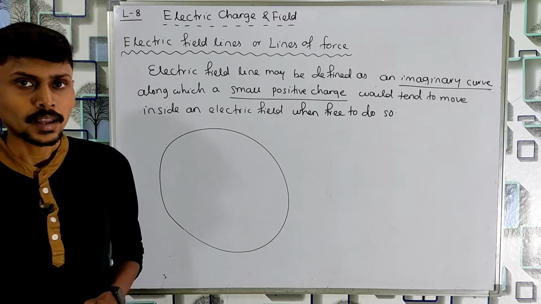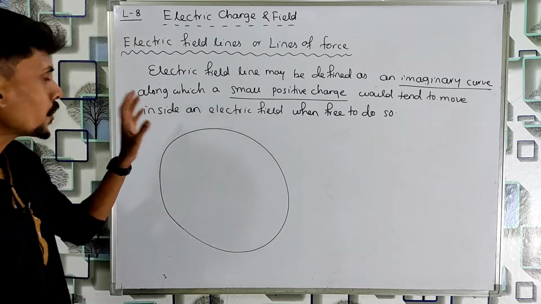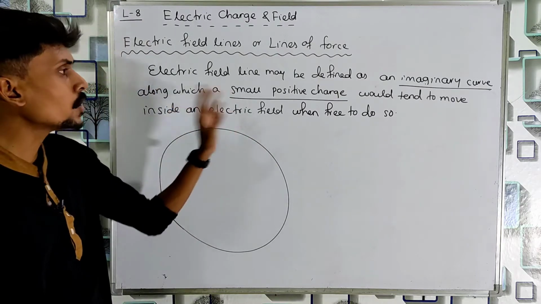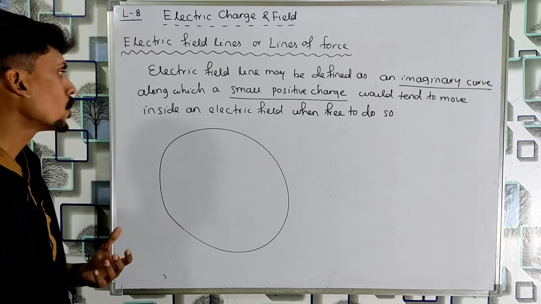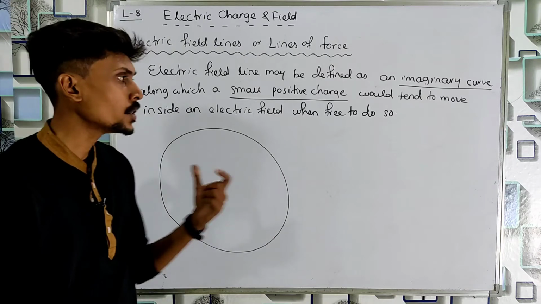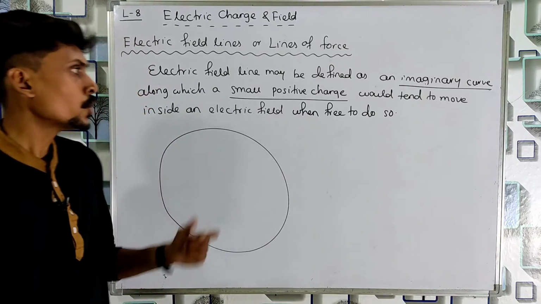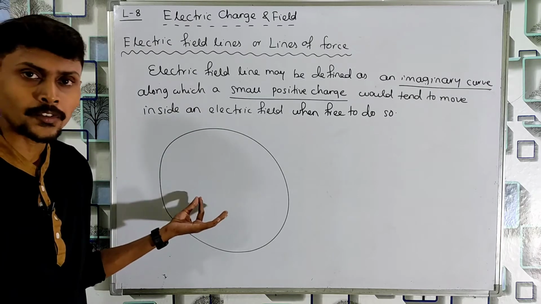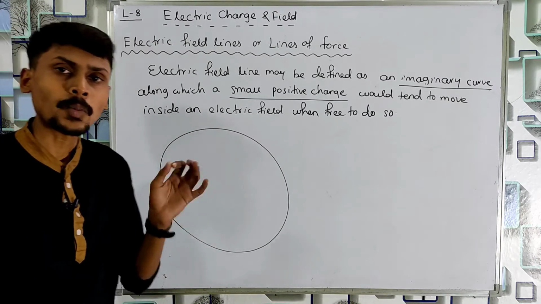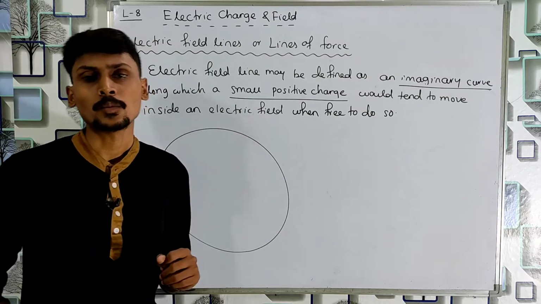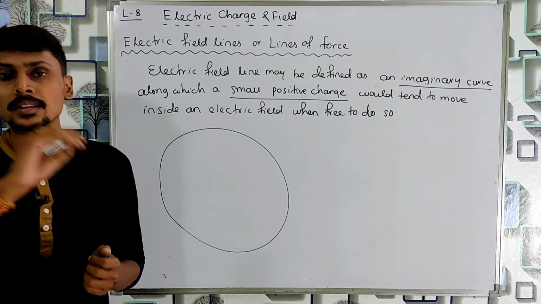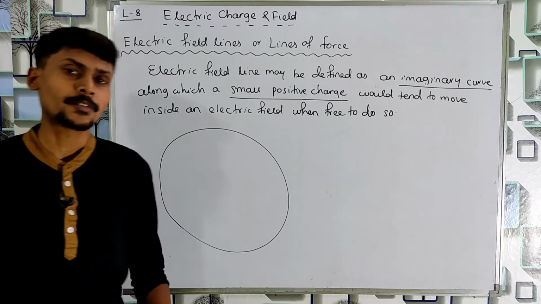Do you understand? Again I am repeating. Electric field line may be defined as an imaginary curve along which a small positive charge would tend to move inside an electric field when free to do so. So you first bring a small positive charge and place it inside an electric field and look at the path followed by the small positive charge, and that path will represent the electric field line.